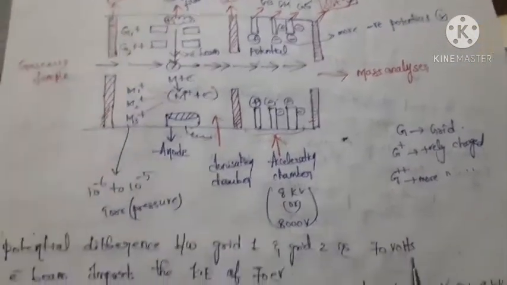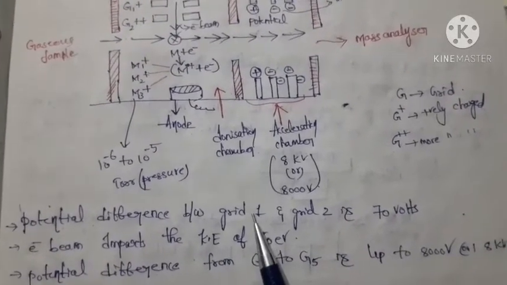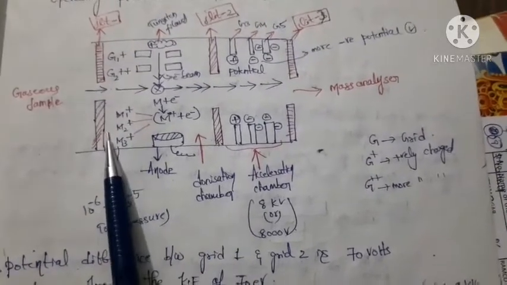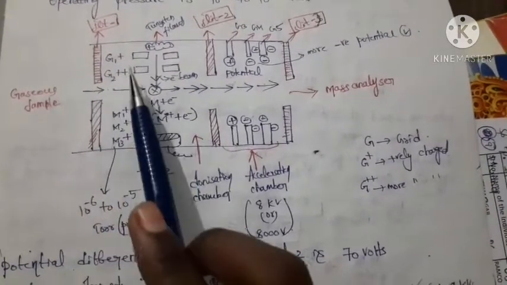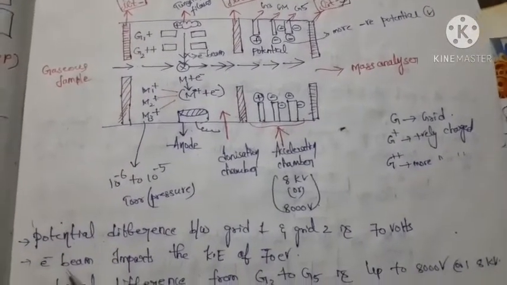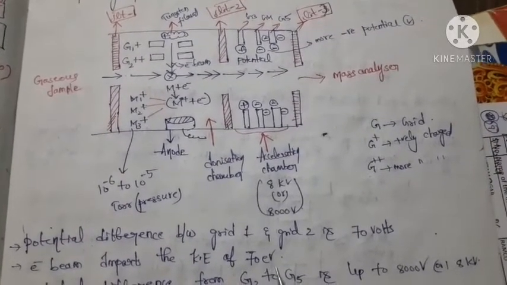Next, the potential difference between grid 1 and grid 2 is 70 volts. The electron beam imparts a kinetic energy of 70 electron volts.